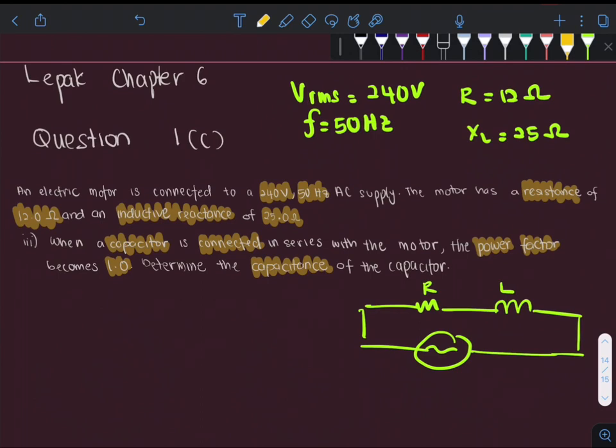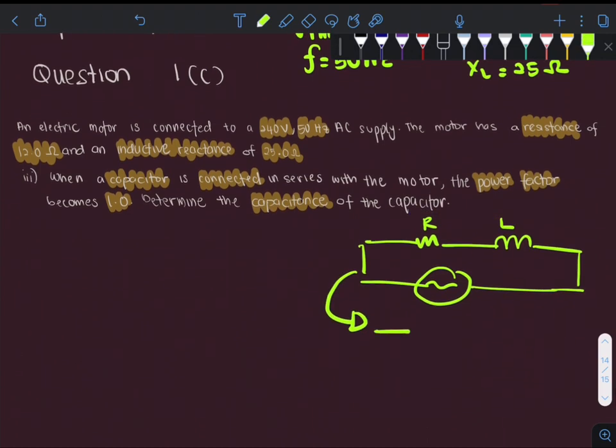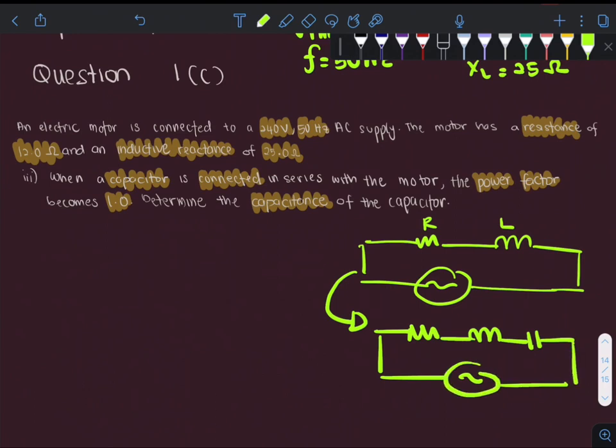Okay, now we are going to look at the last part of question C, where we have been informed that at this particular point, we have connected a capacitor in series with the motor, which means that our circuit, which was initially made up of resistance and inductor, has been modified, where we have added a capacitor now across the power supply.